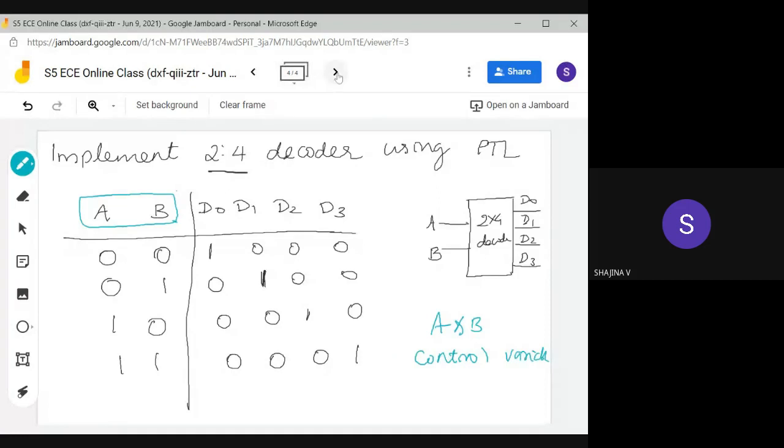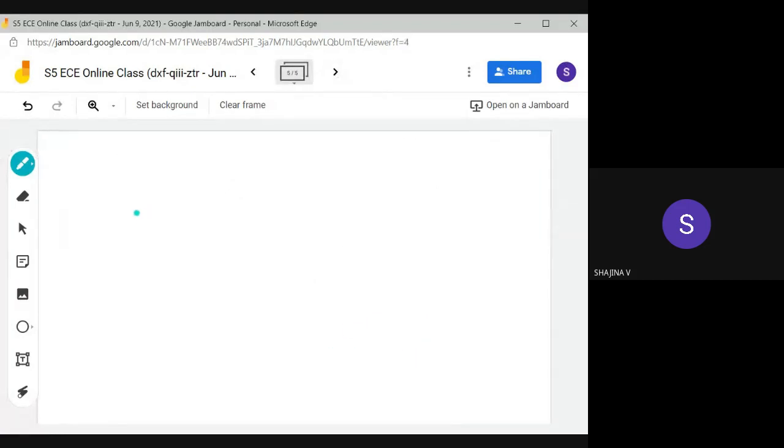അപ്പോൾ നിങ്ങളൊന്ന് നോക്കിക്കോ ഇത് എങ്ങനെ വരുന്നതെന്ന്. So see here, that is, when A equal to 0 and B equal to 0, this will act as on switch. Okay. So at this condition, I have to pass A1 to this output terminal, right?